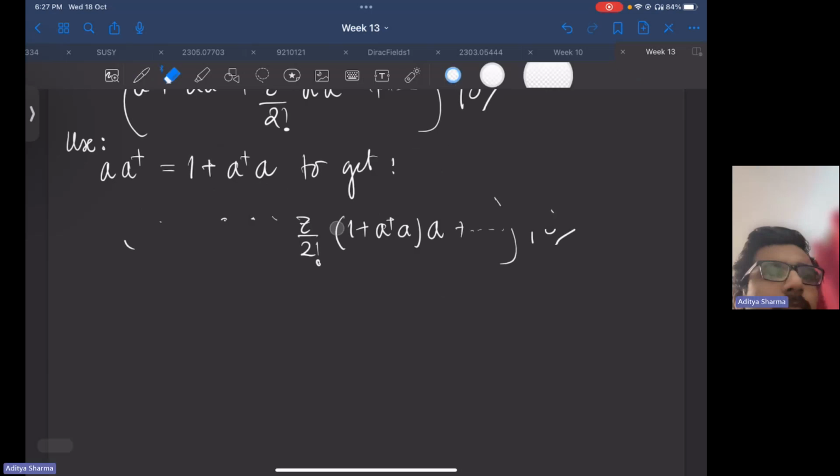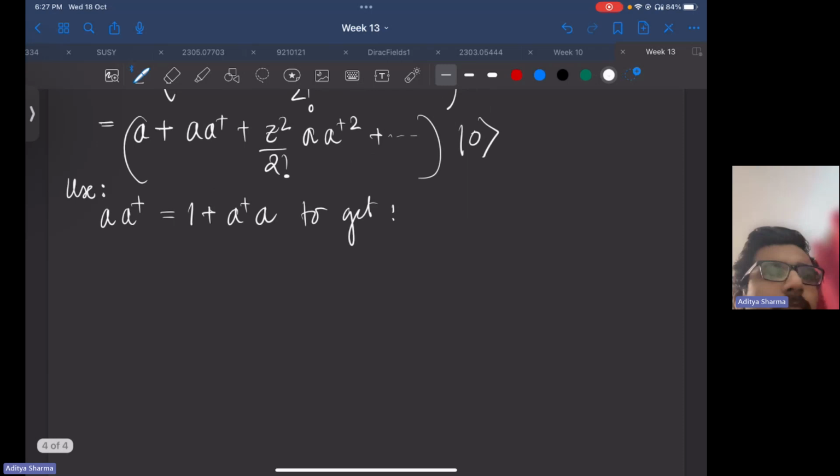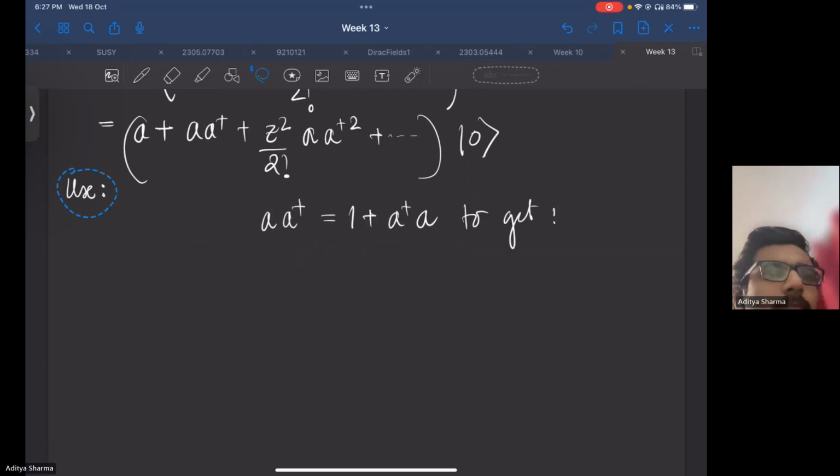So instead of doing that, what I'm going to do is I'll apply it in a general way, and we'll figure out the pattern, how it acts.